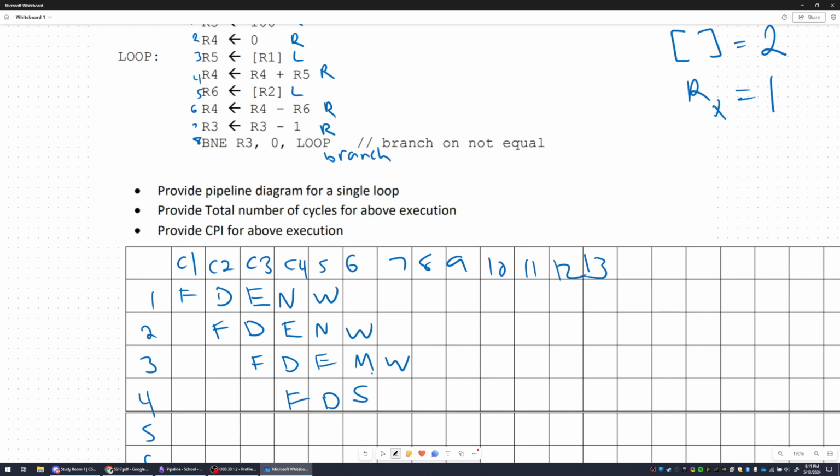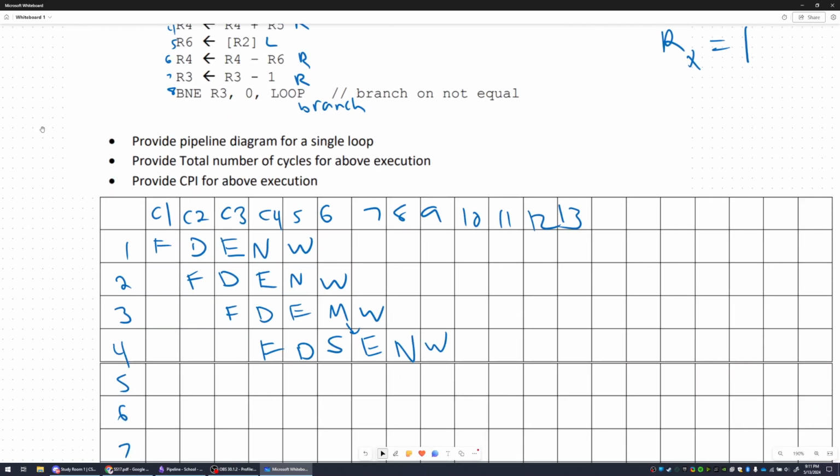So stall, forward it here, and then exec, no op, write back. Line 5, data dependency, nope. So fetch, stall, decode, exec, mem, write back.